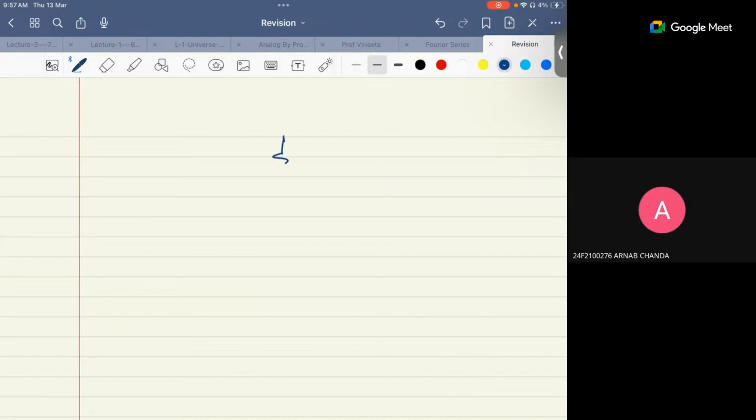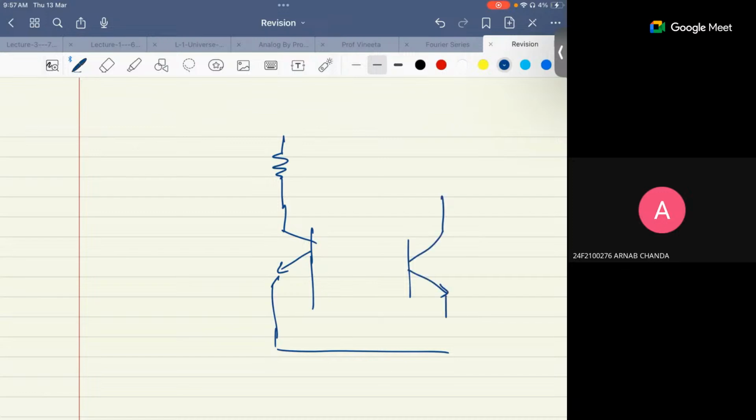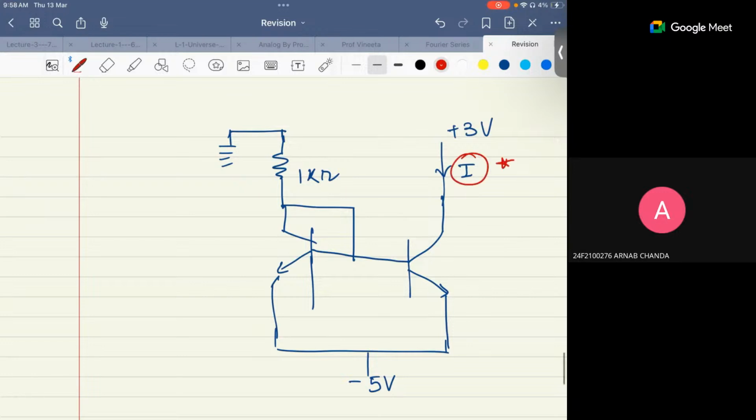Again you are given some resistance, and you have to calculate this current I. This is given 0.7, 0.7.